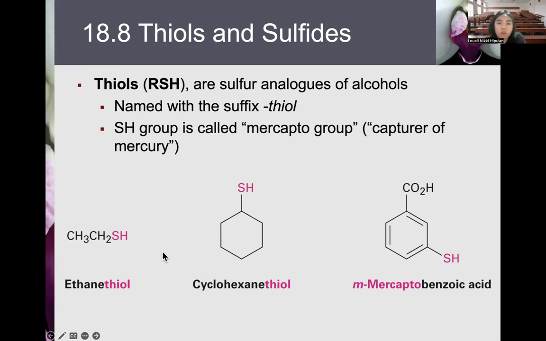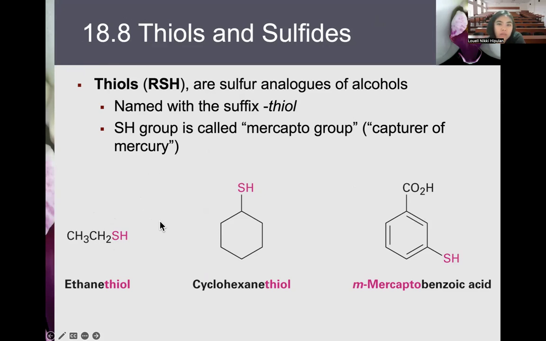Since the structure of a thiol has sulfur instead of oxygen, RSH, instead of -ol, you add -thiol. So this is ethanethiol. If the S here were oxygen, you would have ethanol. Since it's sulfur, you call it ethanethiol.